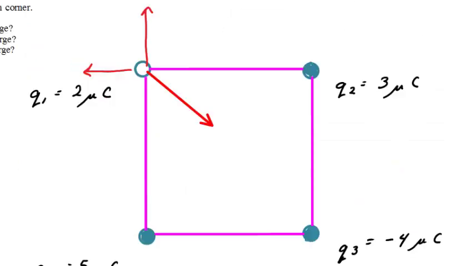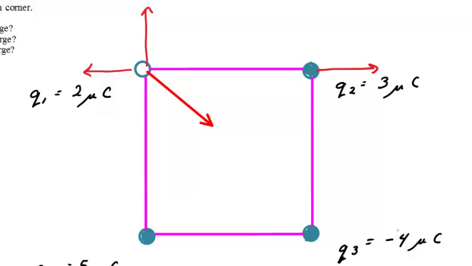I'm going to do the same analysis on each one of these corner charges. So for charge Q2, Q1 and Q2 are both positive charges. That means likes repel. So Q1 pushes on Q2 in that direction. Q2 and Q3 are opposite charges, Q2 being positive, Q3 being negative.